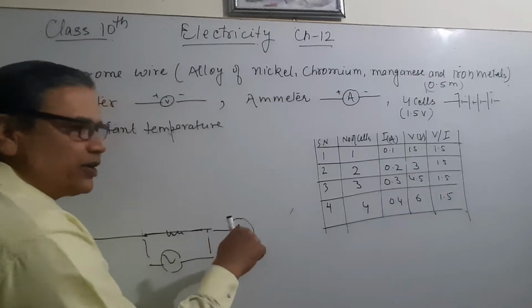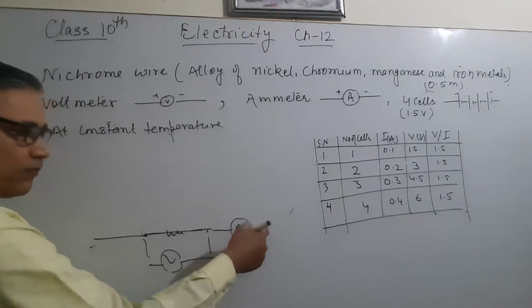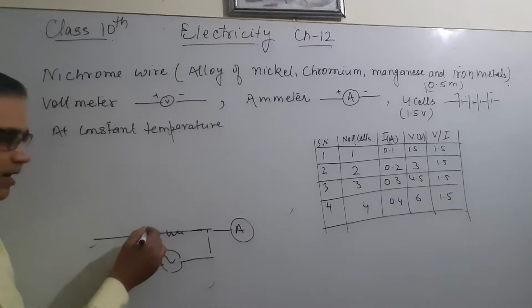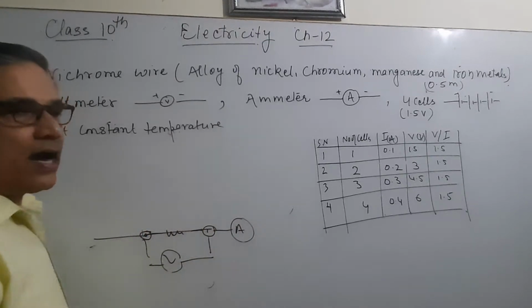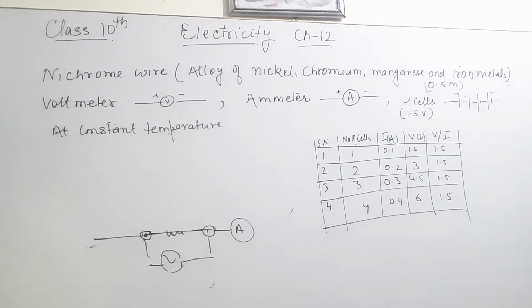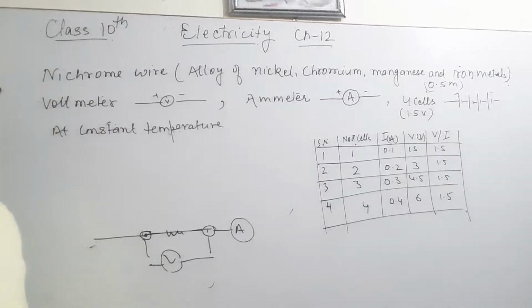Or the second statement: the amount of current flowing through a given metallic wire is directly proportional to the potential difference across its ends at a constant temperature. It means if the temperature varies, then the relationship will also vary.